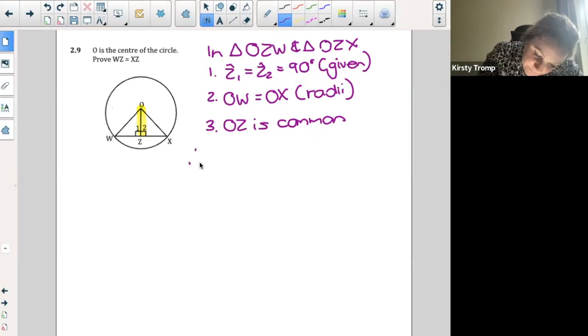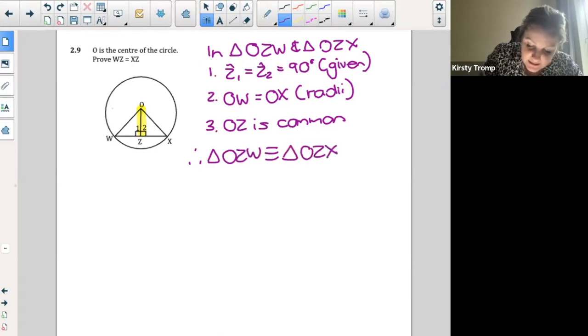So therefore, triangle OZW is congruent to triangle OZX. Reason: now we have to give them a reason. I definitely had a right angle. If I look at OW and OX, those are opposite to the right angles, so those are definitely hypotenuse.